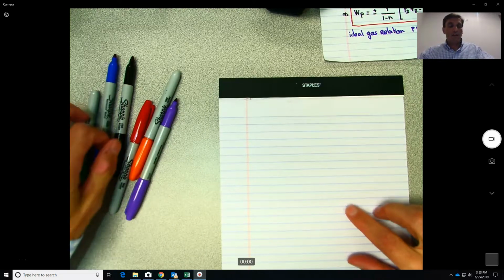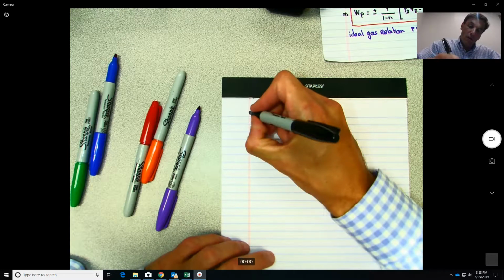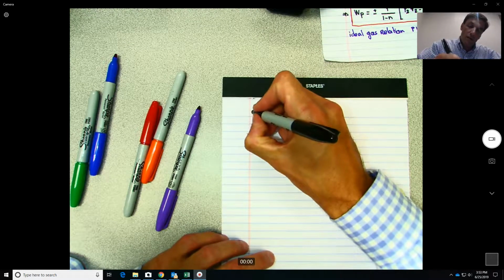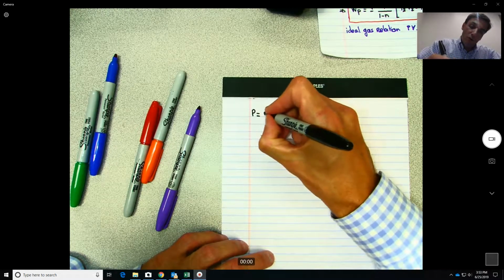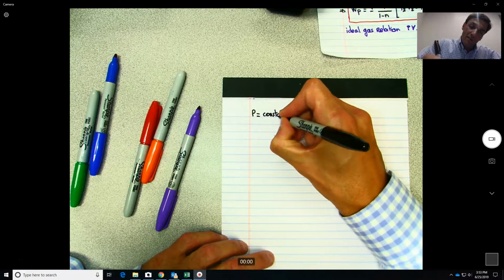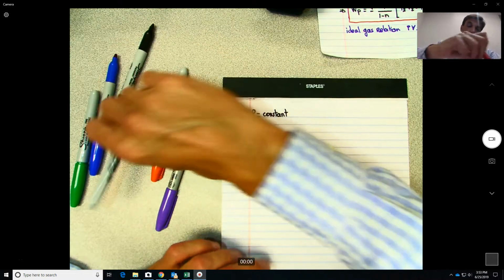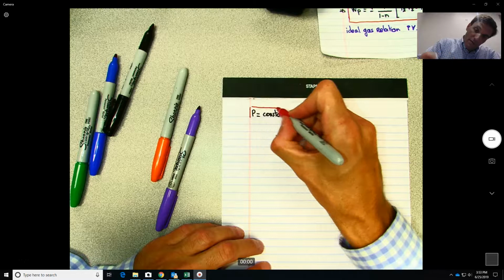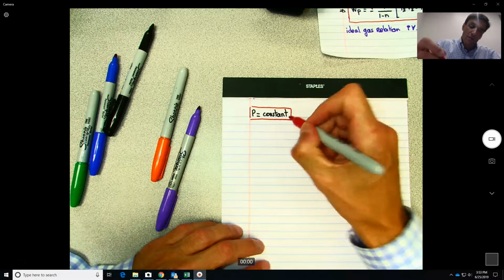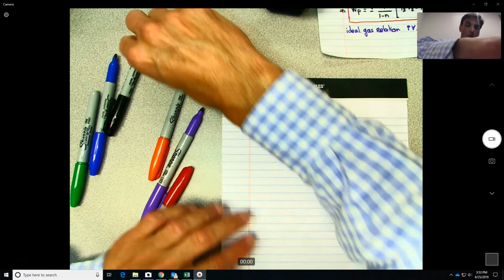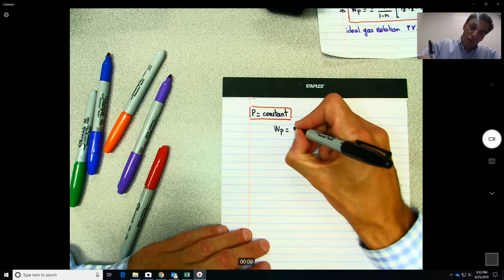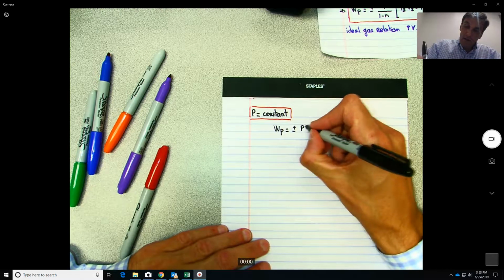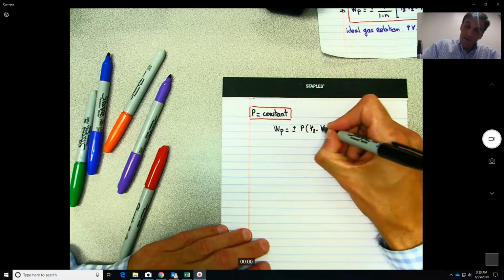So basically, let's do a summary of all cases. So for constant pressure, we had that the work done by the pressure equals plus minus P times V2 minus V1.